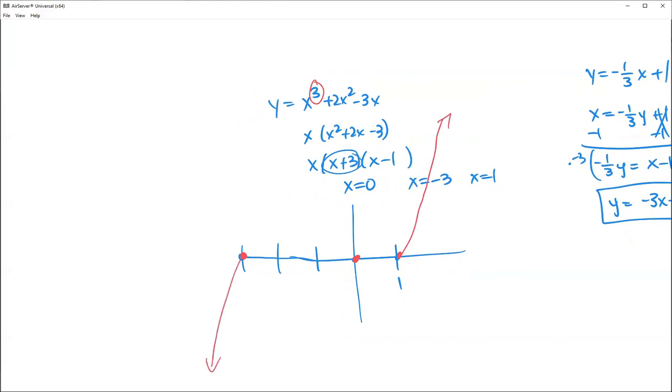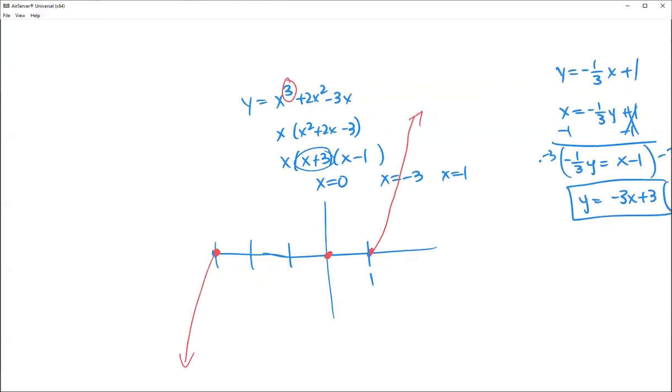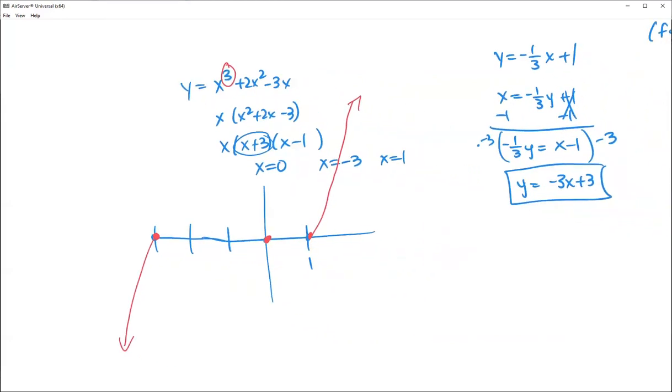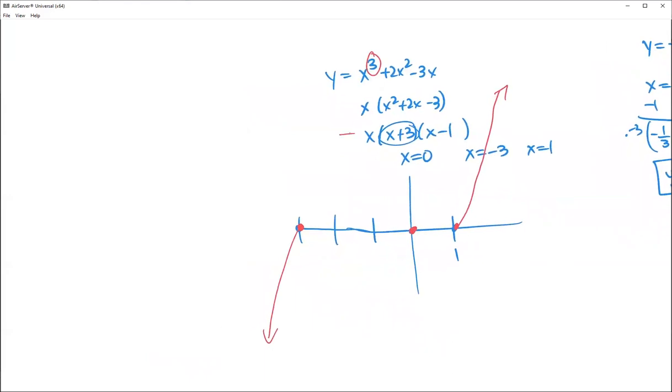Now if you plug in negative 2, you can plug it into the original equation or in factored form. I'm going to do factored form. Negative 2 times negative 2 plus 3 is positive 1. Negative 2 minus 1 is negative 3. So remember, I'm plugging it into the factored form equation. That's positive 6, so it's going to go straight up here.